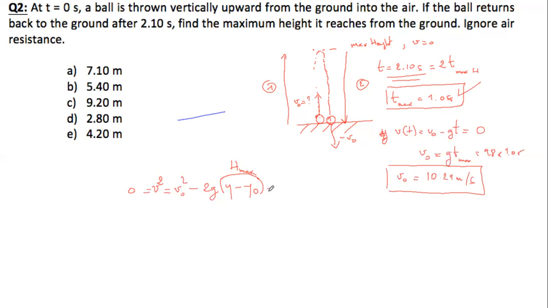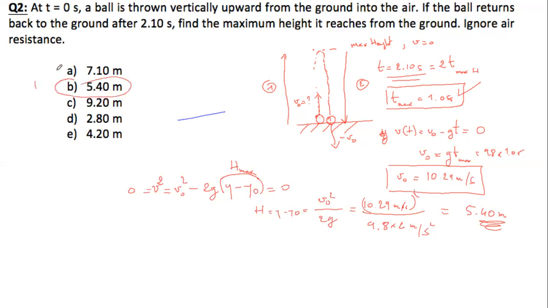So the maximum height is v naught squared divided by 2g, which is 10.29 squared divided by 2 times 9.8, and this gives 5.40. So the answer is D, 5.40 meters.